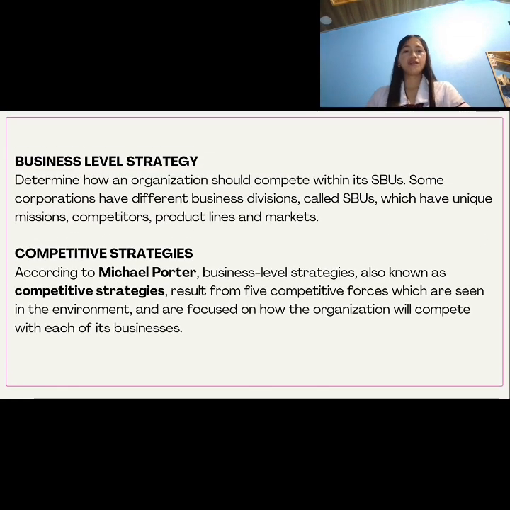So the next level of strategy is the business level strategy. It determines how an organization should compete within its SBUs. Some corporations have different divisions called SBUs which have unique missions, competitors, product lines, and markets.